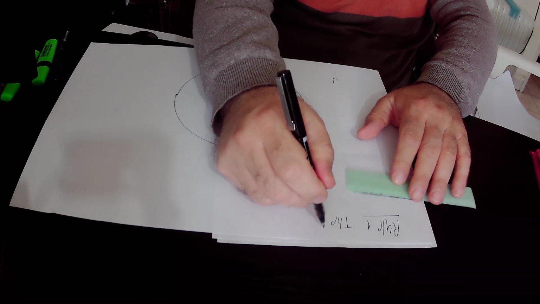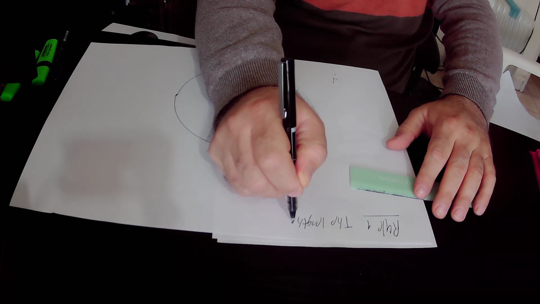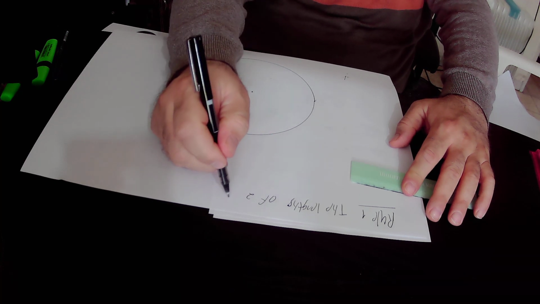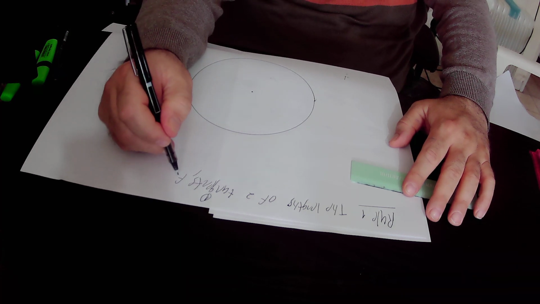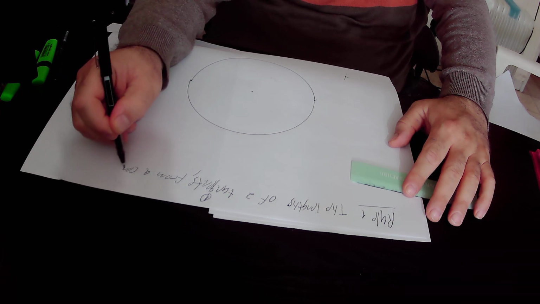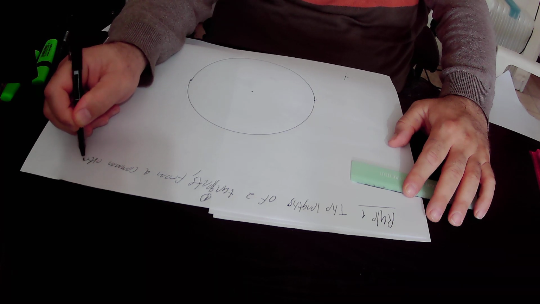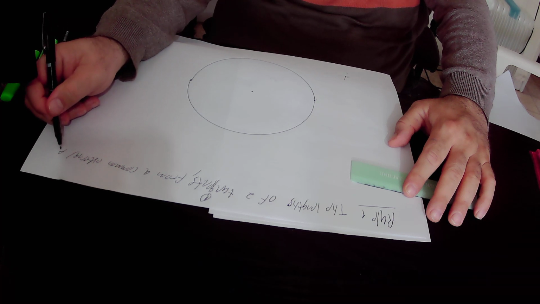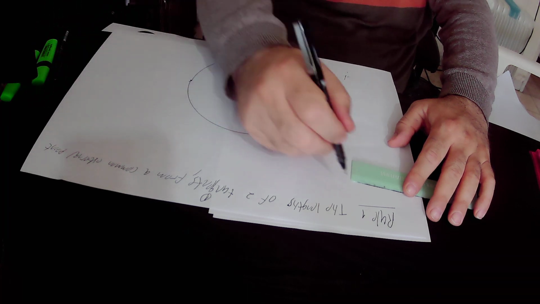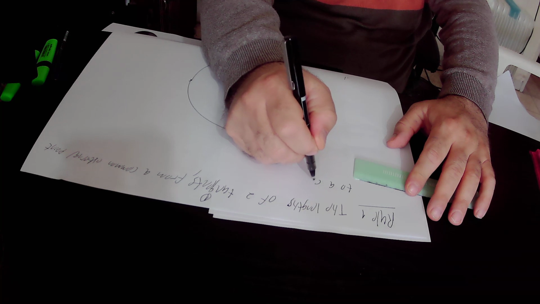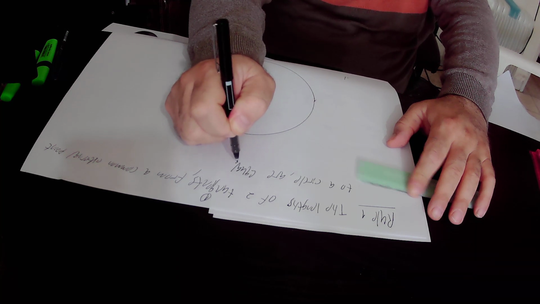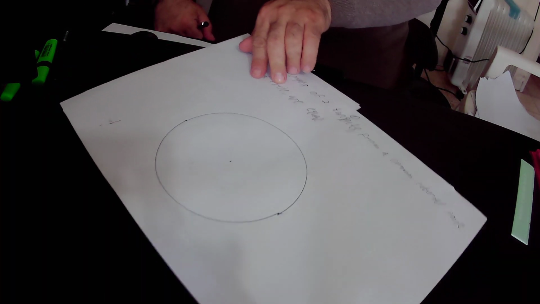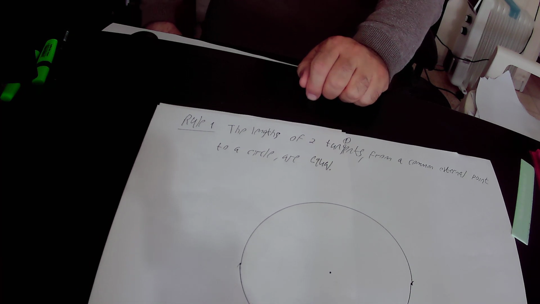The lengths of two tangents from a common external point to a circle are equal. So I read rule number 1 again. According to rule number 1, the lengths of two tangents from a common external point to a circle are equal.